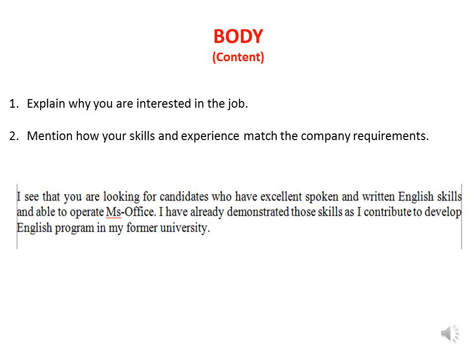I've already demonstrated those skills as I contributed to developing the English program in my former university. Okay. Look at the first sentence. You mention that your skills match the company requirements. In the second sentence, you explain that you really match the requirements because you have already had experience in it.